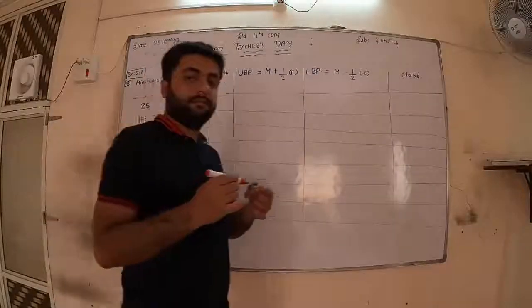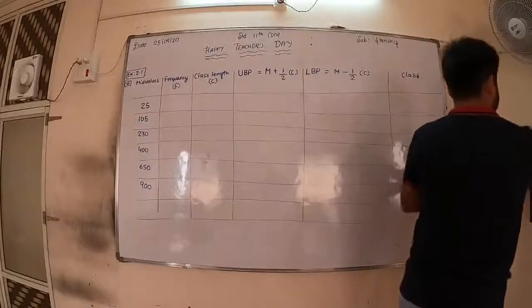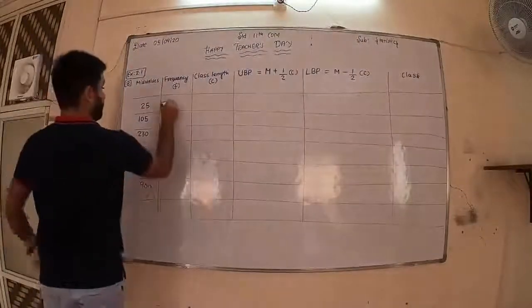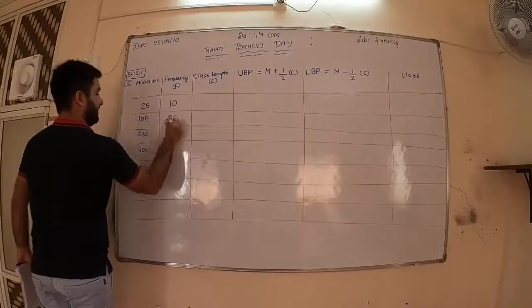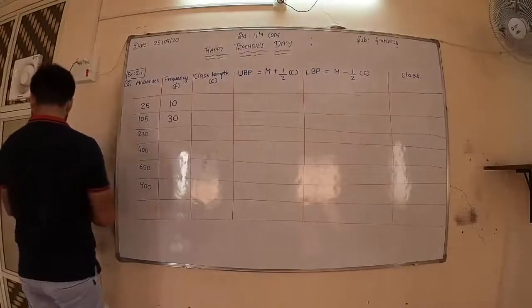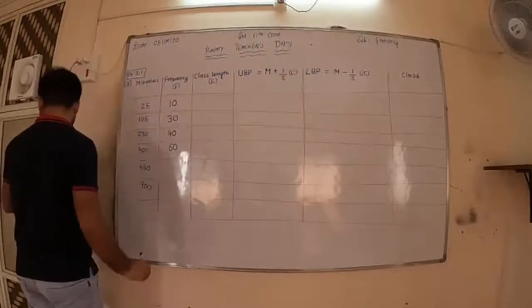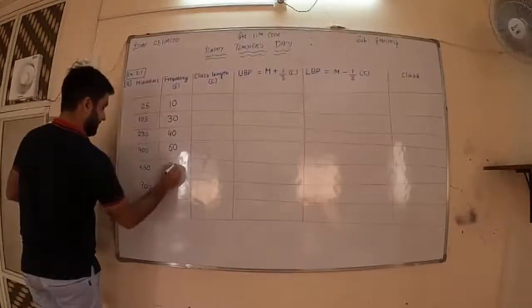These are the rows and columns. Now the data: frequencies 10, 30, 40, 60, 80, 30.